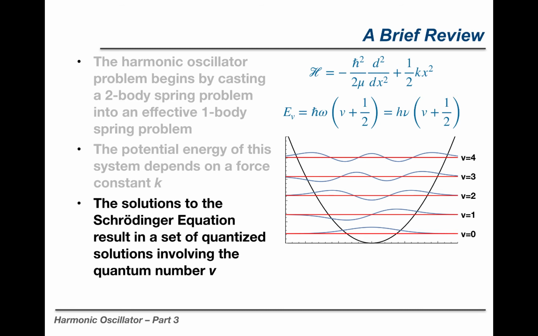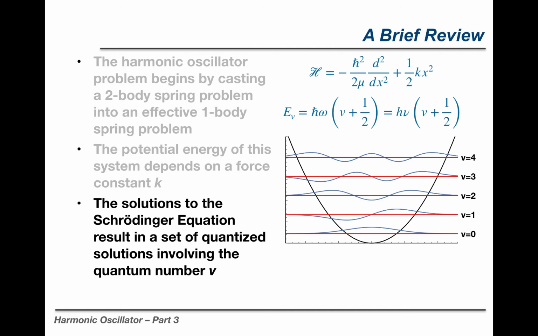The energy is quantized, and we use a quantum number to designate the state we're in, v, and the energy E at state v is given by h bar omega times v plus 1/2. Again, relating omega with nu, we can also write the energy of state v as h nu times v plus 1/2.